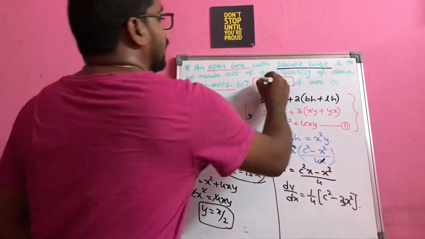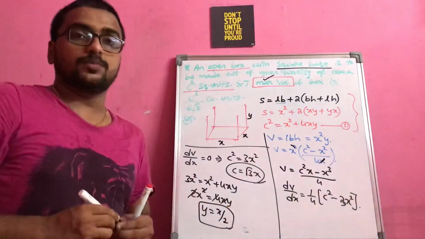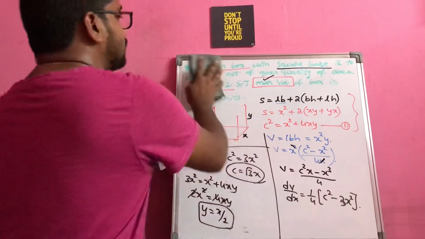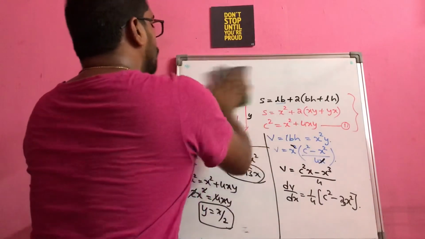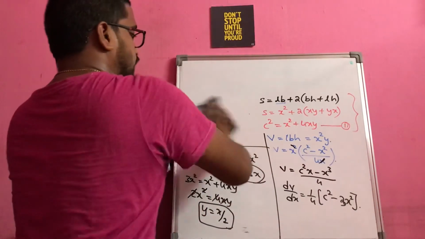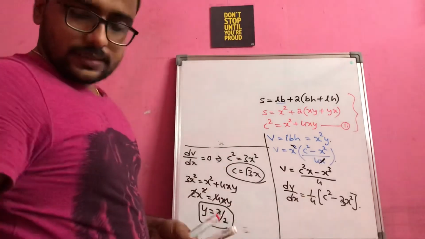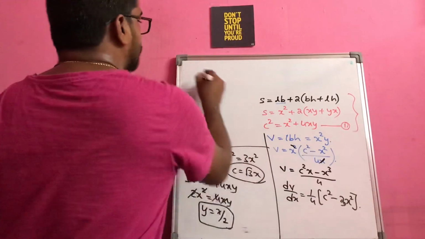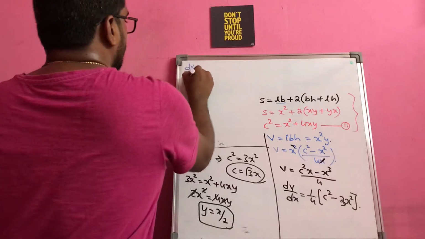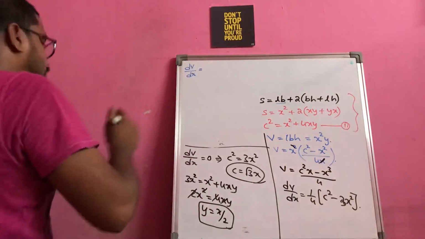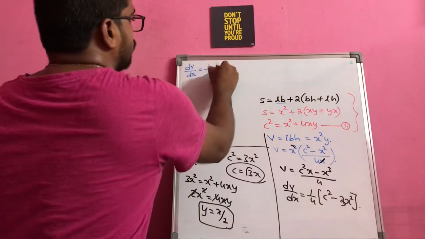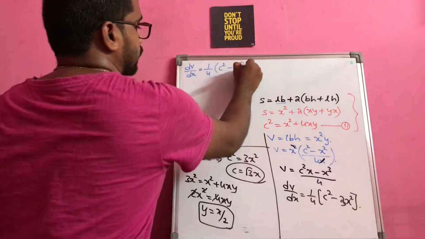But see, they are asking for the maximum volume. So that means you have to check the second order differentiation value. How you are getting it, we have to cross check. So dV by dx is equal to 1 by 4 times (c square minus 3x square).